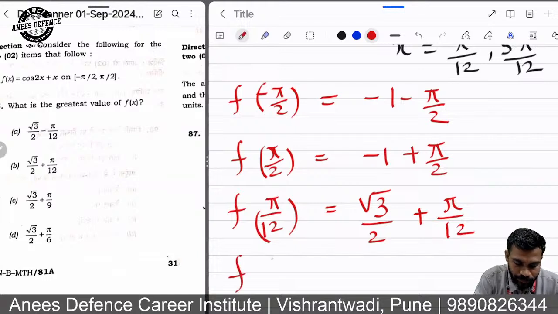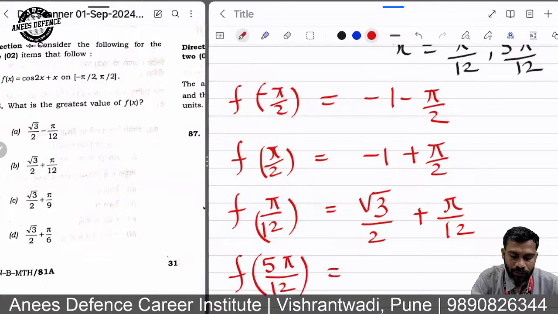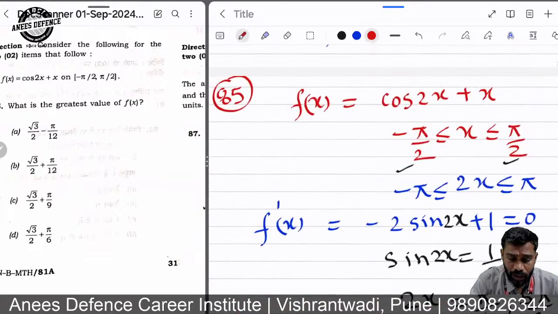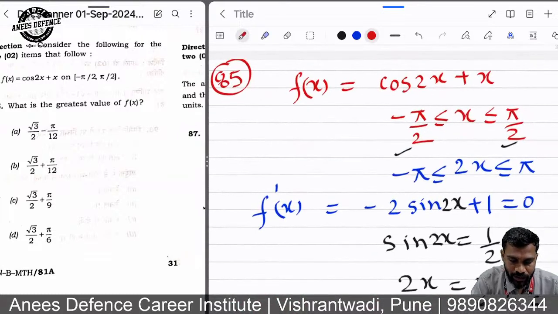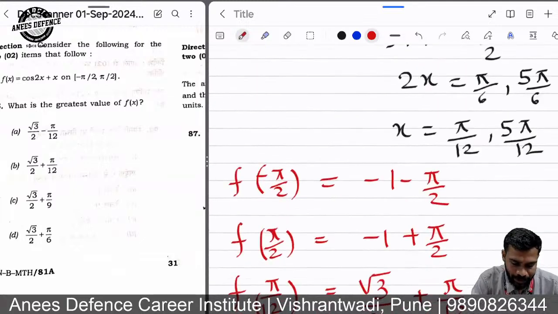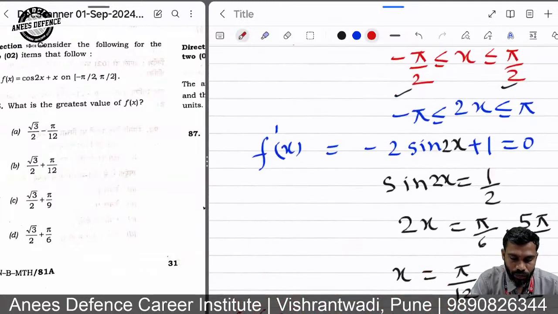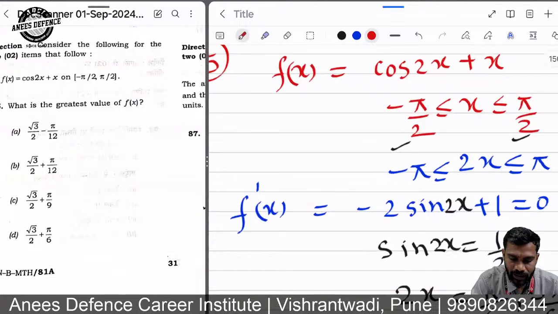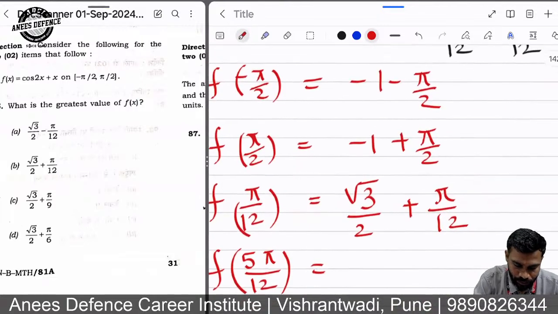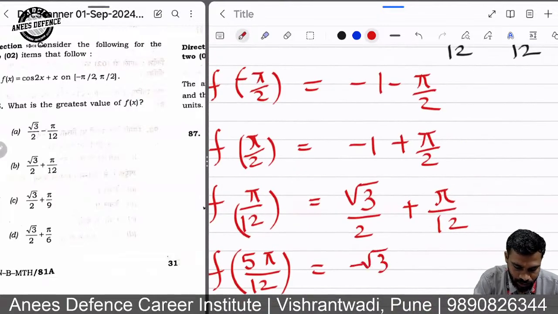Similarly, I can find the value of the function at 5 pi by 12. It means 2x will be 5 pi by 6, right? So cos 5 pi by 6 will give you minus root 3 by 2. So minus root 3 by 2 plus 5 pi by 12.